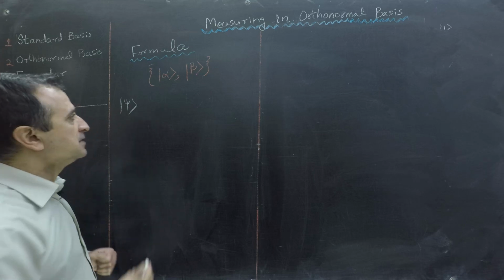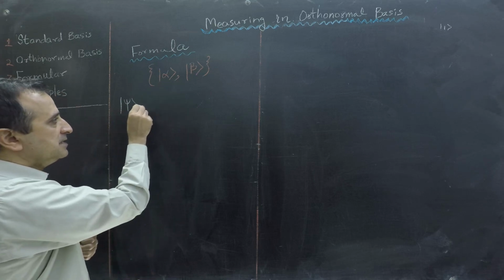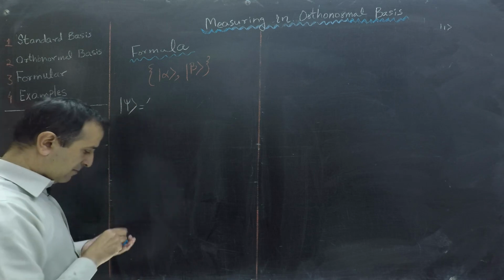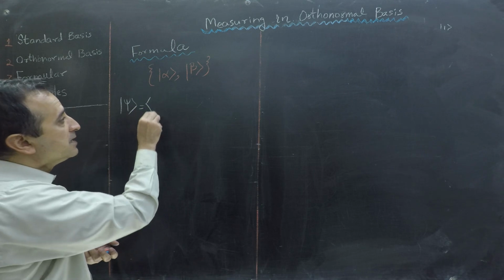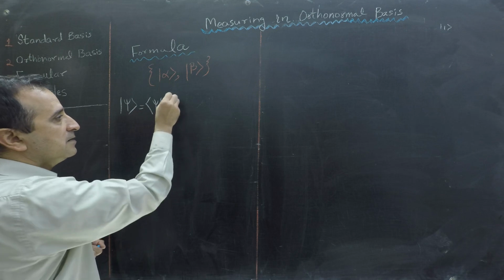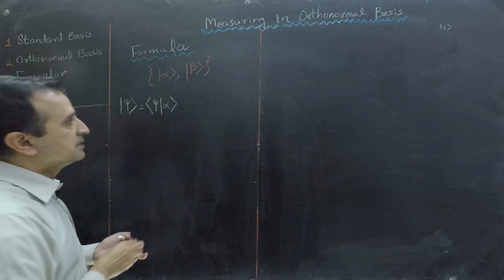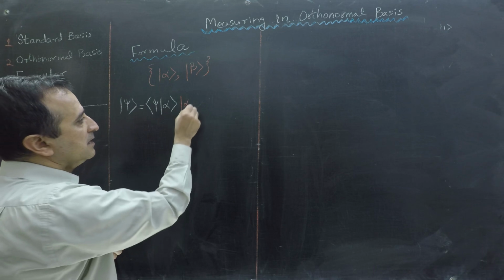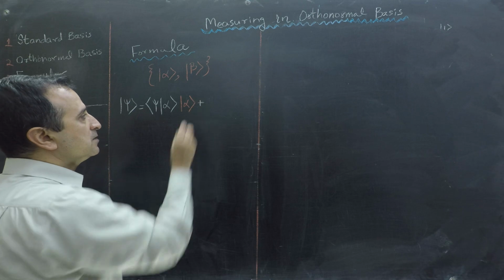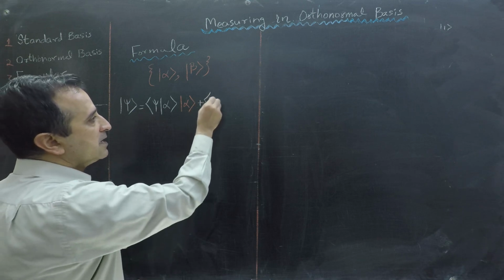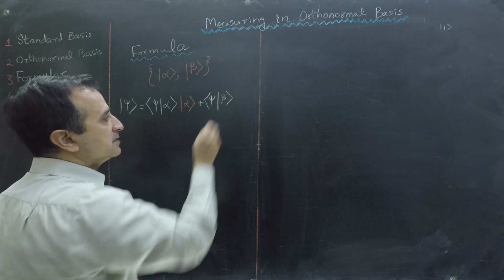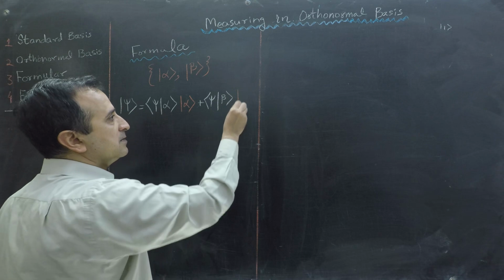So the formula is that ket psi in this basis is equal to the dot product of ket psi with ket alpha times ket alpha, plus the dot product of ket psi with ket beta times ket beta.